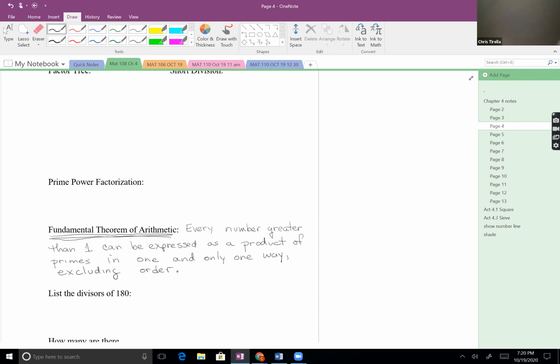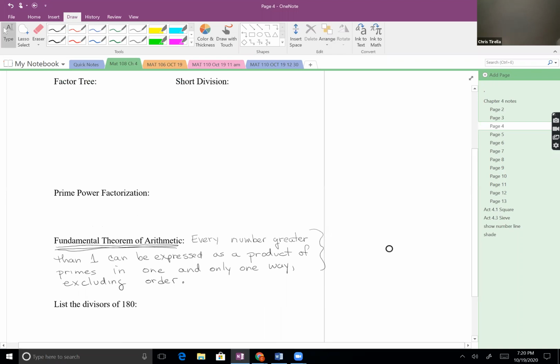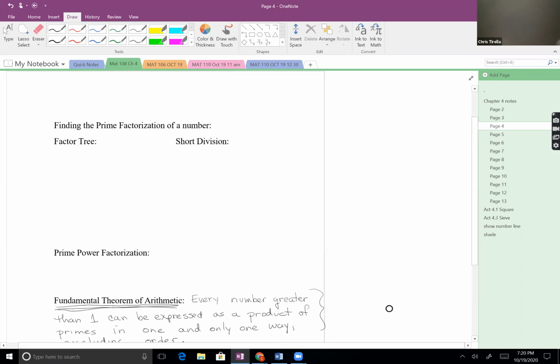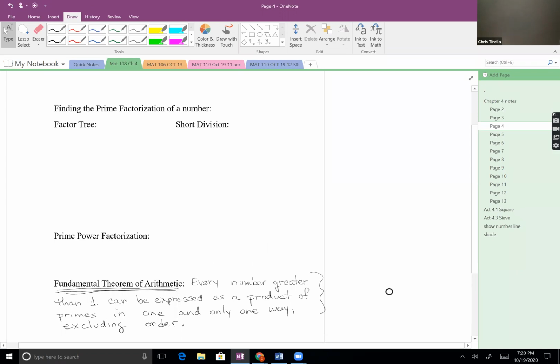And so now I felt it's important to clarify that before we go to the top of the page and look at the prime factorization of a number, or ways of writing it as the product of primes.